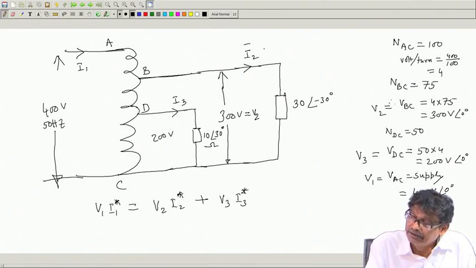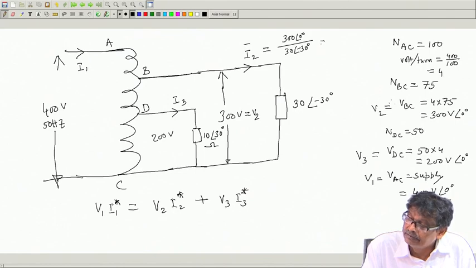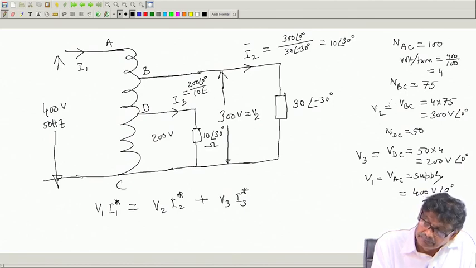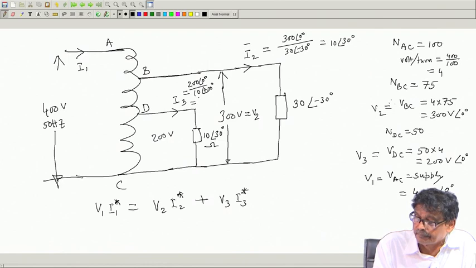What will be I 2? I 2 will be V 2, that is 300 0 degree, divided by 30 minus 30, it is capacitive loading, and this will come out to be 10 plus 30 degree. And I 3 will become 200 0 degree divided by 10 plus 30, which will become 20 minus 30.